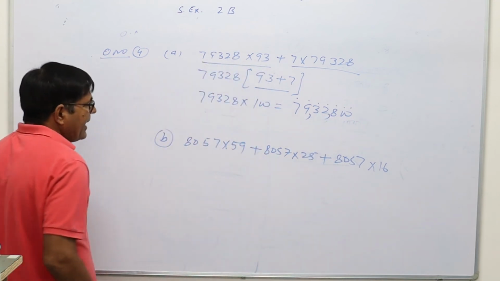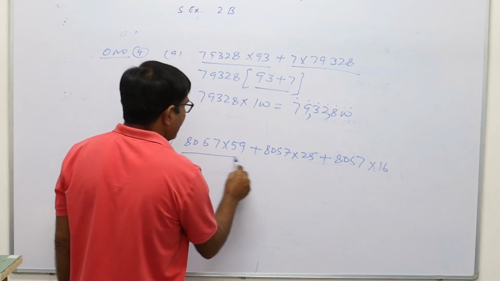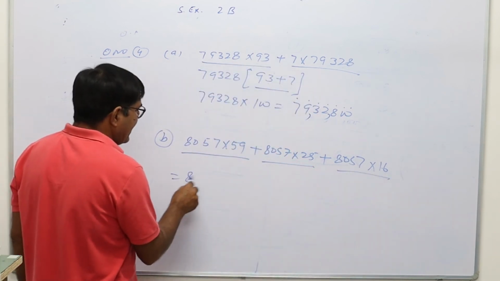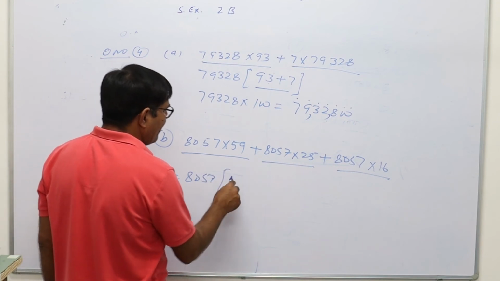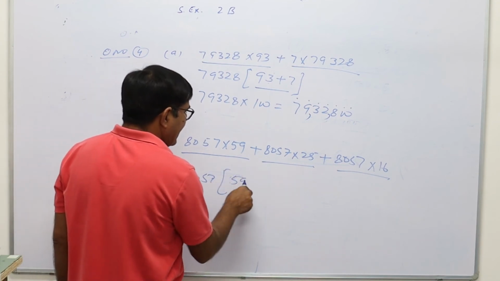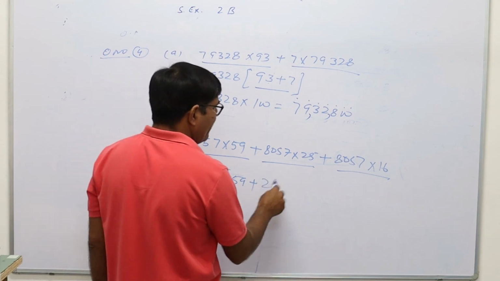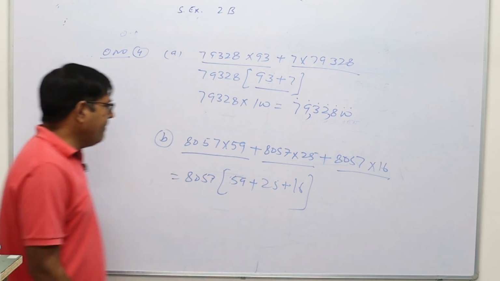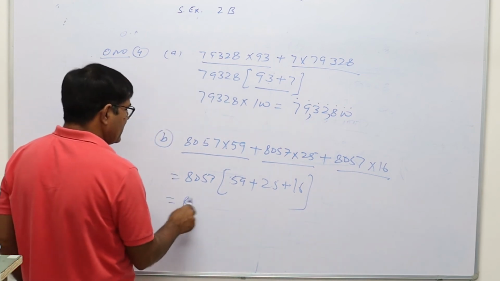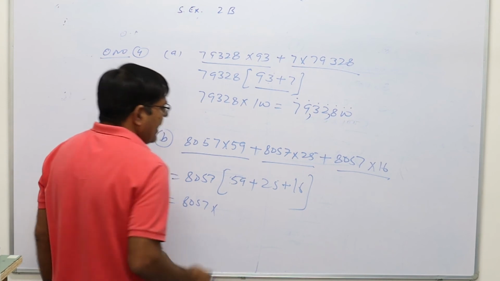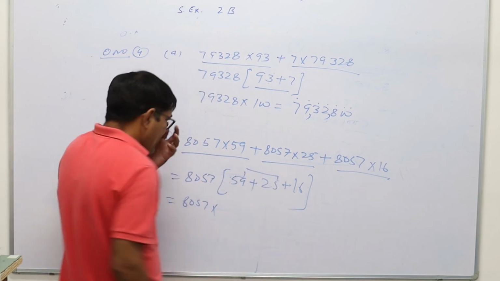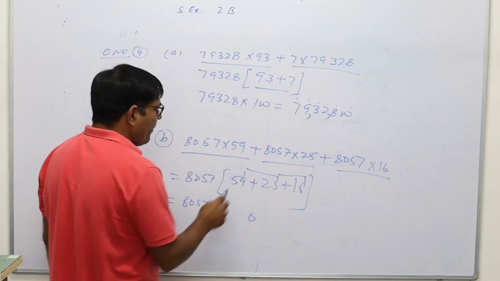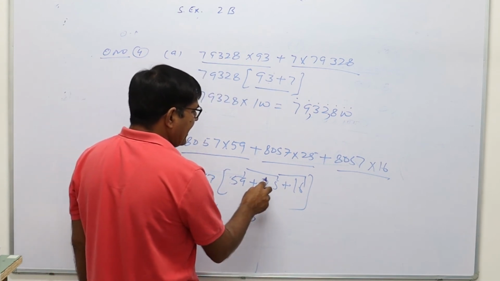32,800. Now here see, in all three terms 8057 is common. So if we take 8057 as common, then first 59 plus 25 plus 16. So on adding this number, 8057 into 9 and 5, 14 plus 6, 20, 0 carry 2, 5 and 2, 7, 8, 9, 10.